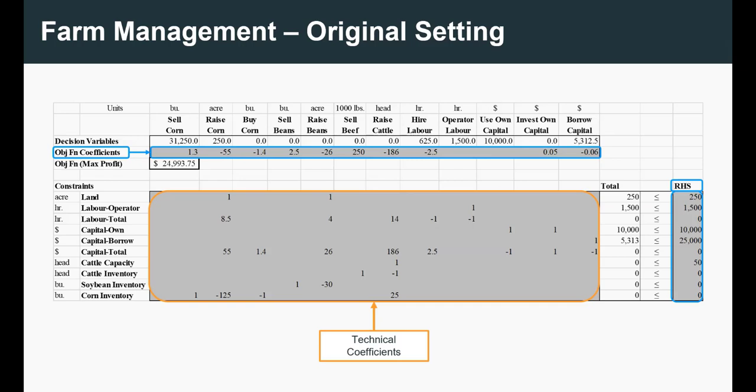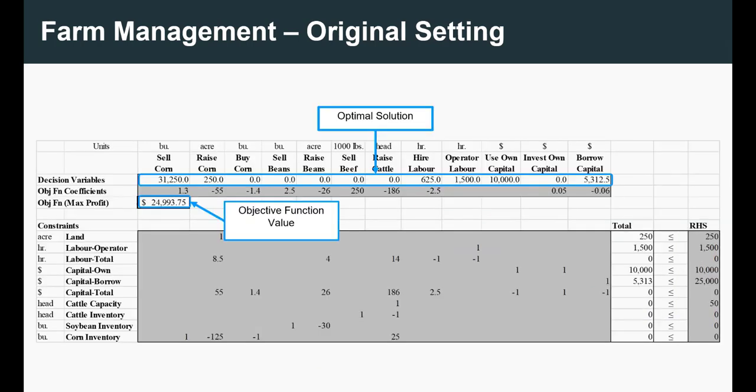This orange part here, all of those values, we call the technical coefficients. And this part is the right-hand side values. RHS means right-hand side.